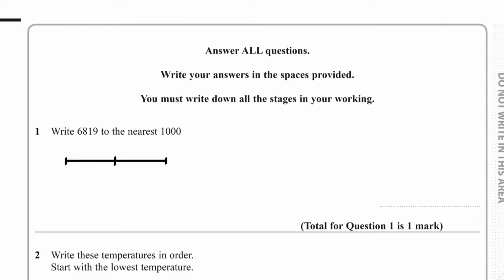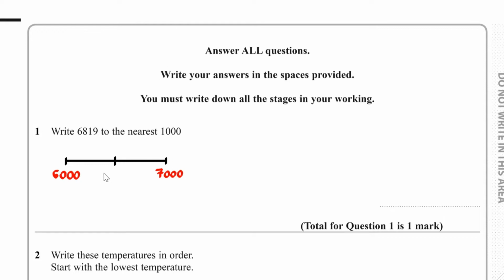Well, if I draw a number line, if we were to write this number correct to the nearest 1,000, our answer will be in between 6,000 and 7,000.